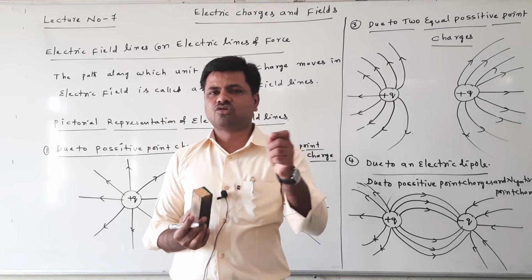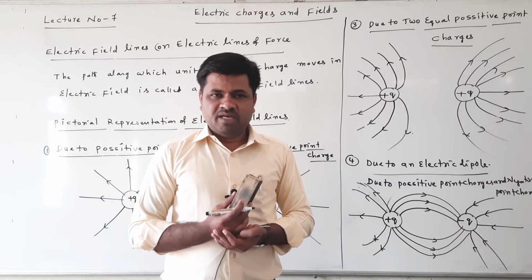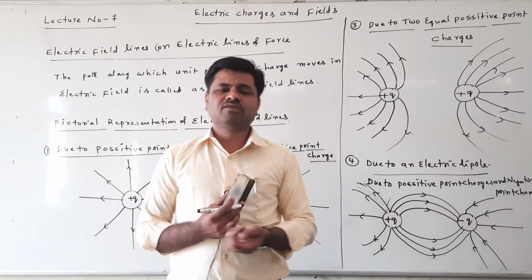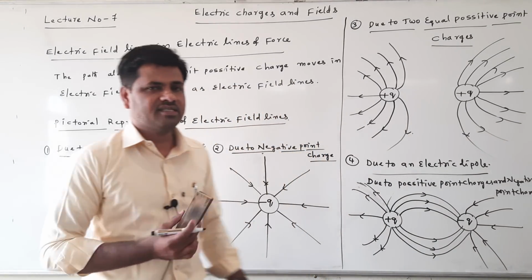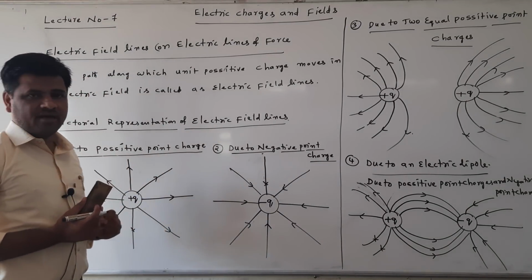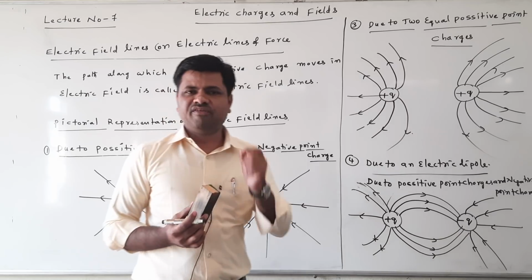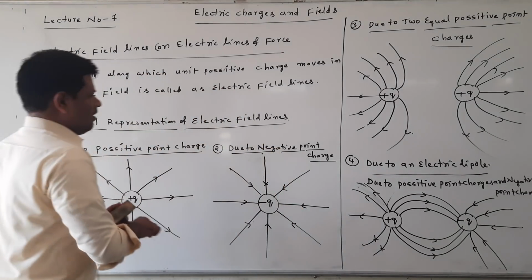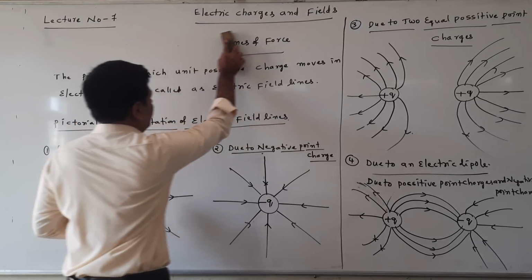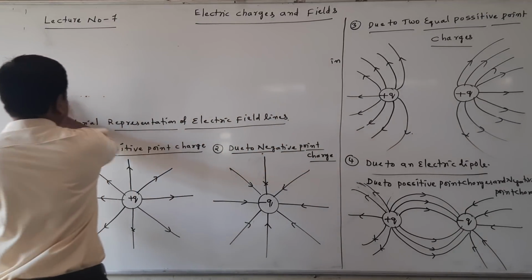Due to negative charge, towards the charge. Means due to positive charge they diverge, due to negative charge they converge. Right, this is the total concept about electric field lines. Next we will discuss the properties of electric field lines or electric lines of force.